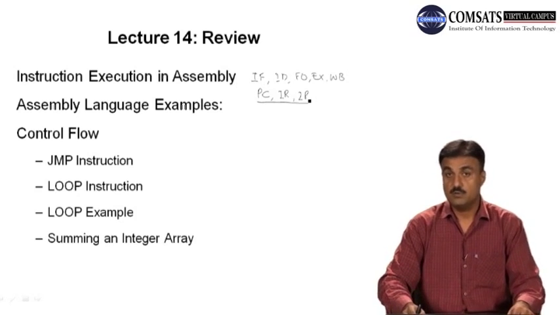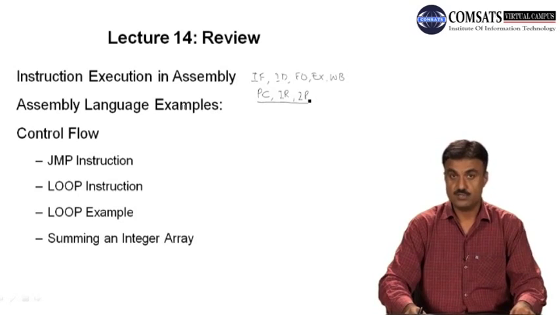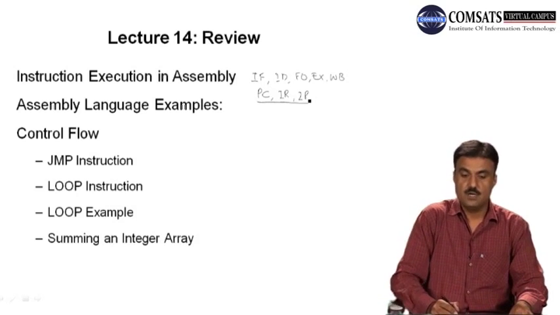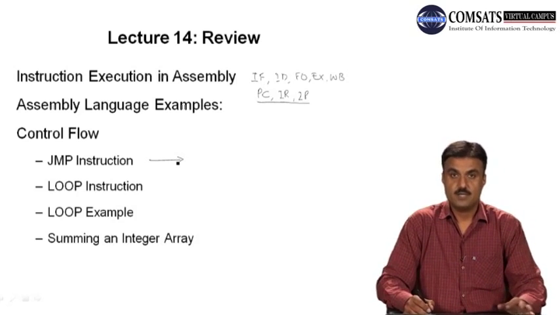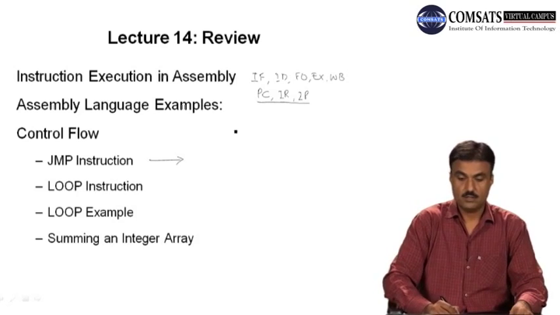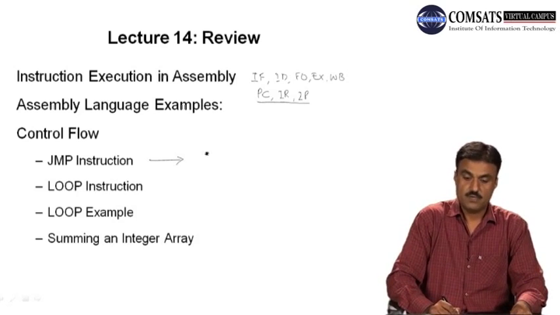After that, we discussed the conditional flow instructions and the unconditional flow instructions, or we can call them control instructions. Those include the jump and loop instructions. With the jump instruction, we discussed how we can transfer control to any point inside the code segment.